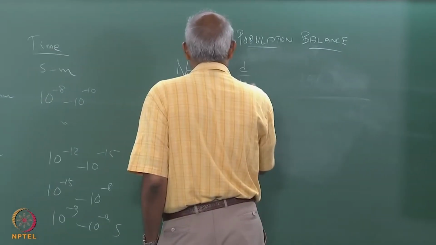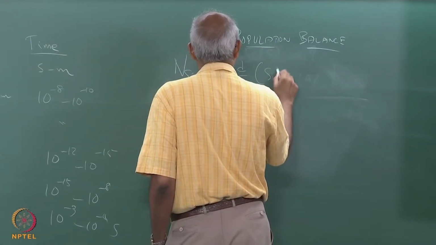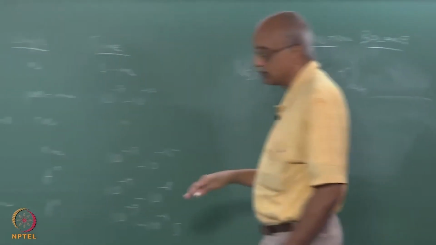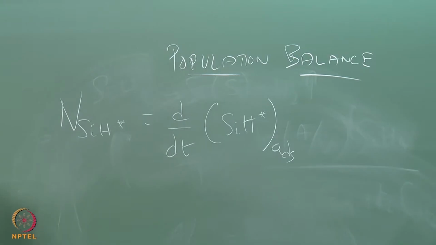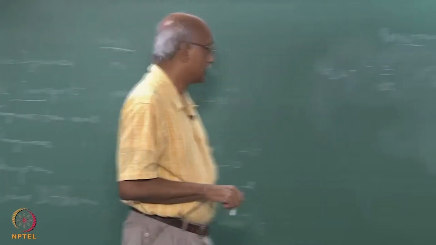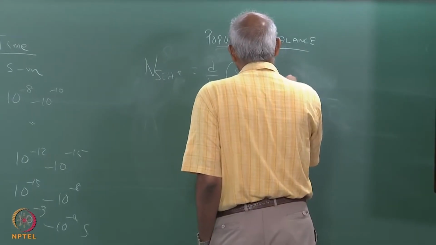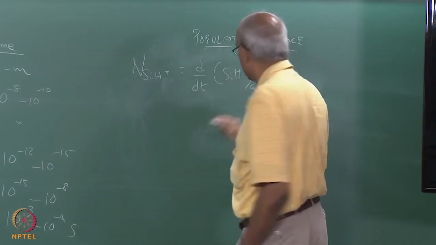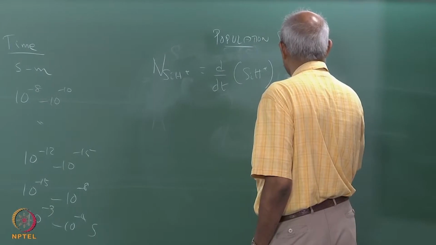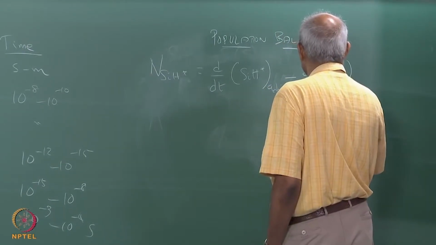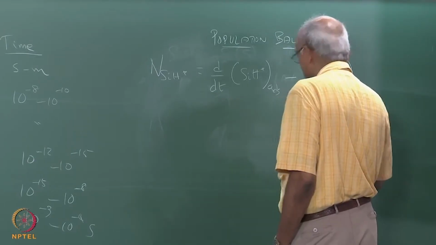So, you have to look at d by dt of the SiH star getting on the surface due to an adsorption process. You also have to subtract from it the rate of loss of SiH star due to desorption.